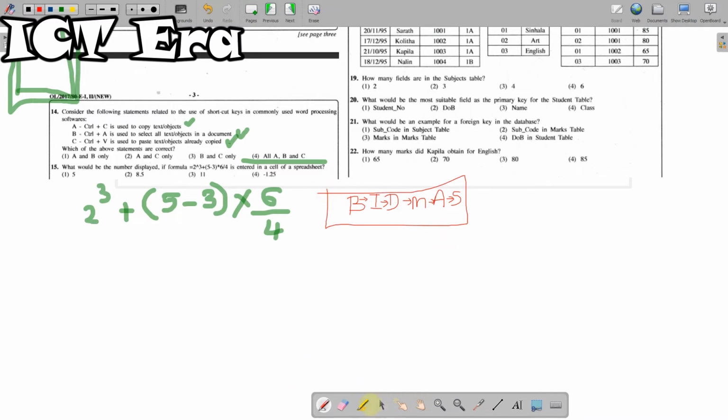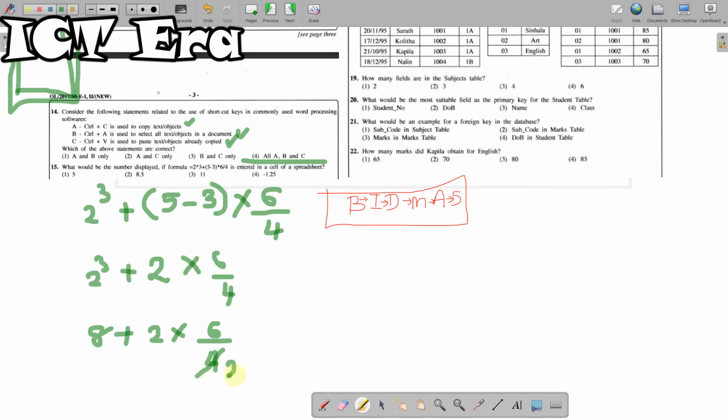So let's first do brackets. Write 2 to the power 3 plus 5 into 5 minus 3, which is 2, multiplied by 6 over 4. Then next on powers. 2 to the power 3 is 8 plus 2 times 6 over 4. Then division. Here we can cut because we can't divide 4 by 6 now. Therefore we can cut, rather than keeping this in decimal form.